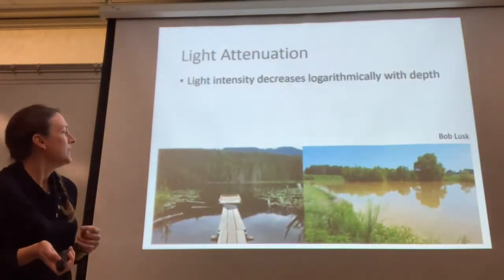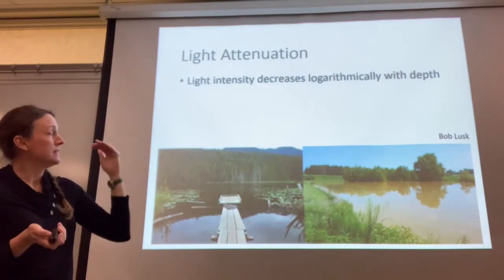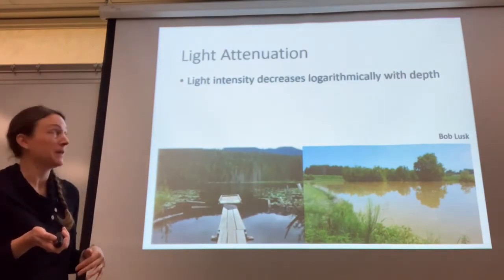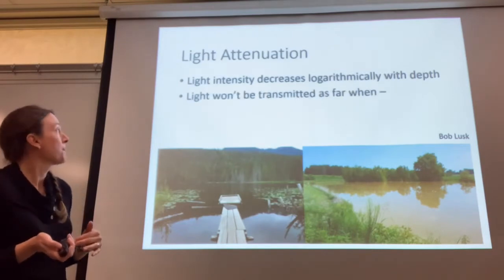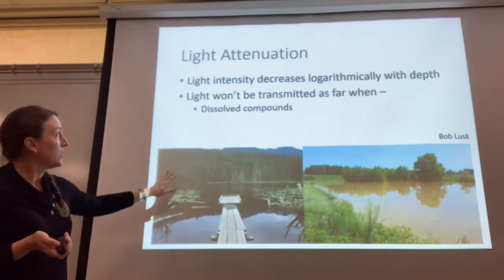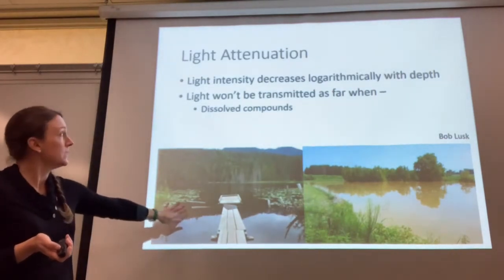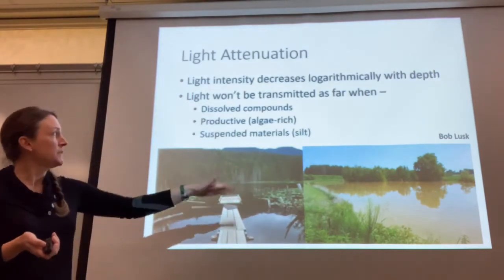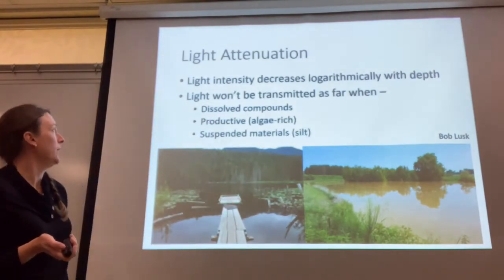Okay, so light attenuation is this concept that light intensity decreases logarithmically with depth. So light won't be transmitted as far, especially if there are dissolved compounds like humic substances in the lake, if it's a productive algae-rich lake, or if there's suspended materials like silt in the water, okay?